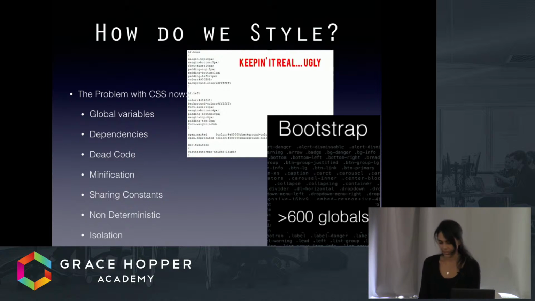CSS shares constants, which means that you require multiple naming conventions such as BEM, or adding more specificity to your CSS classes to make sure that you're only targeting that one specific thing, which makes it non-deterministic.